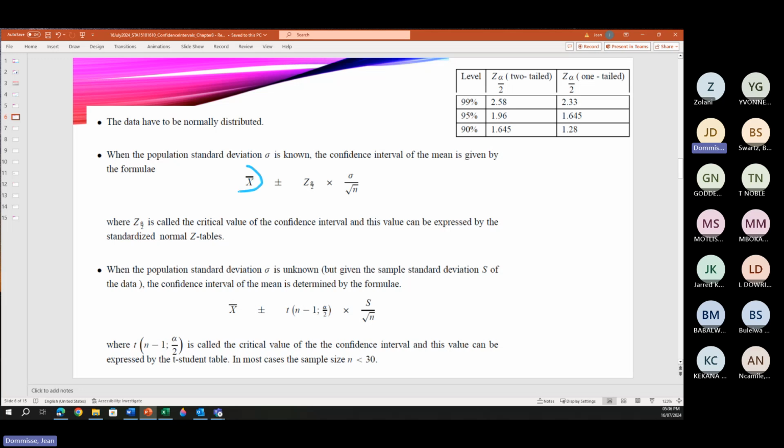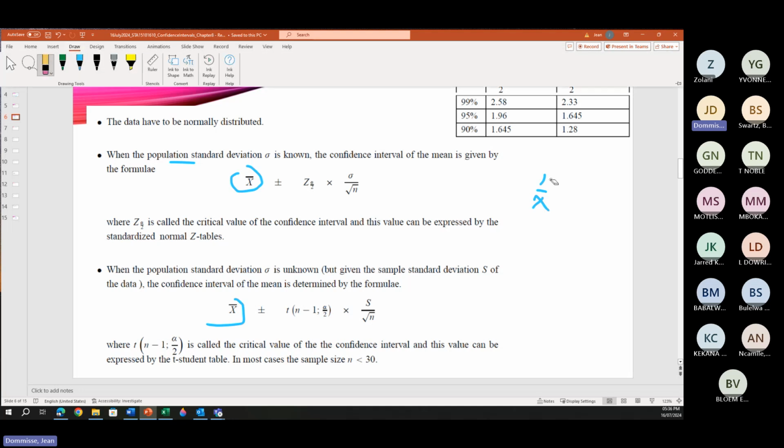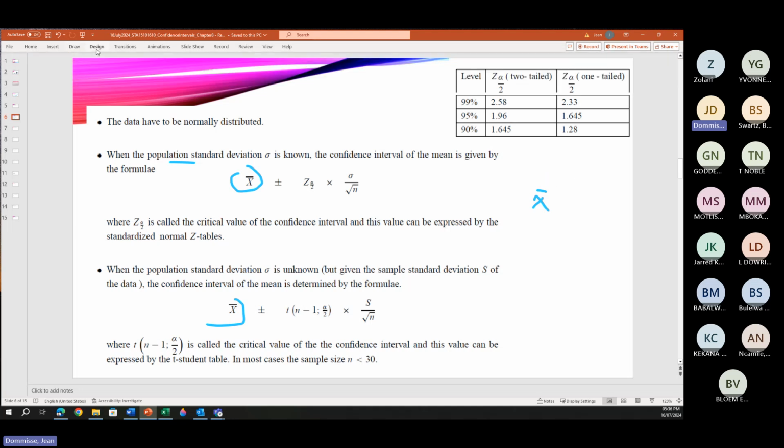So if it's the population mean or if it is the sample mean, you basically got a mean and you want to, around that mean that sits, let's put it like this, that sits in the middle, we just want to say what is the confidence around it.